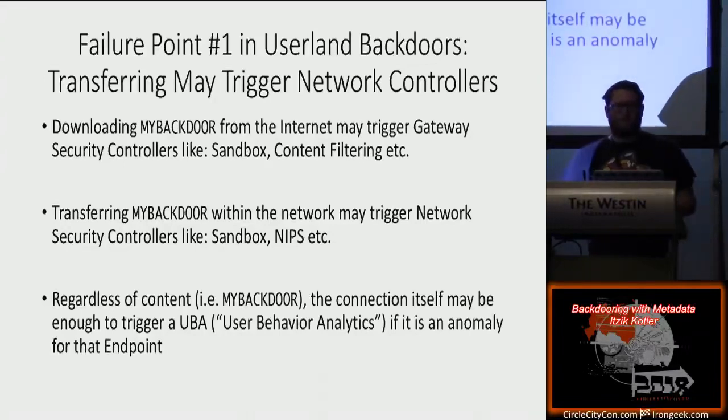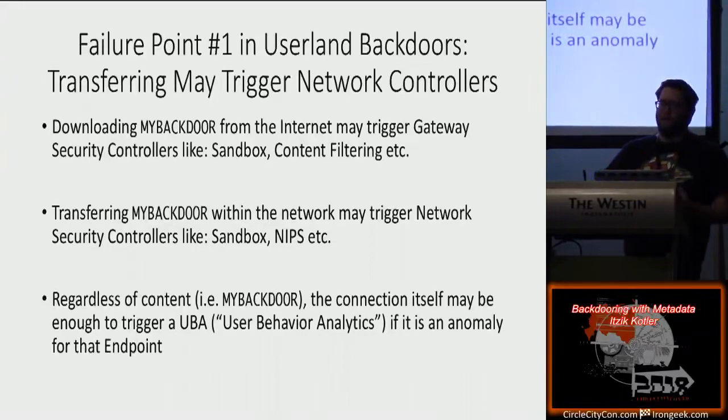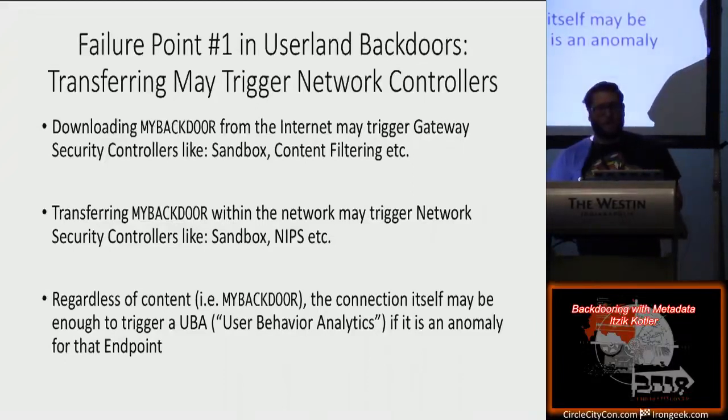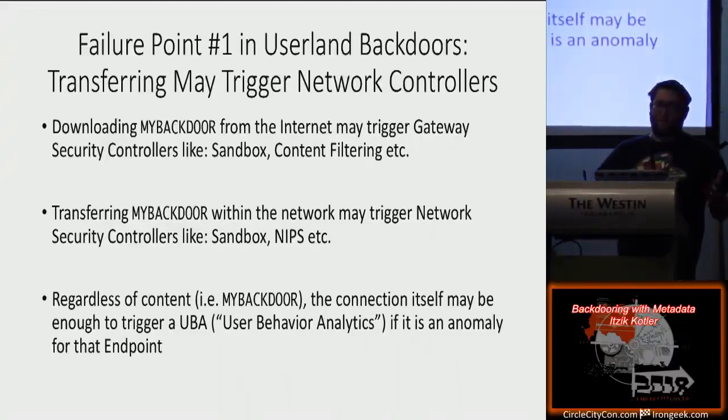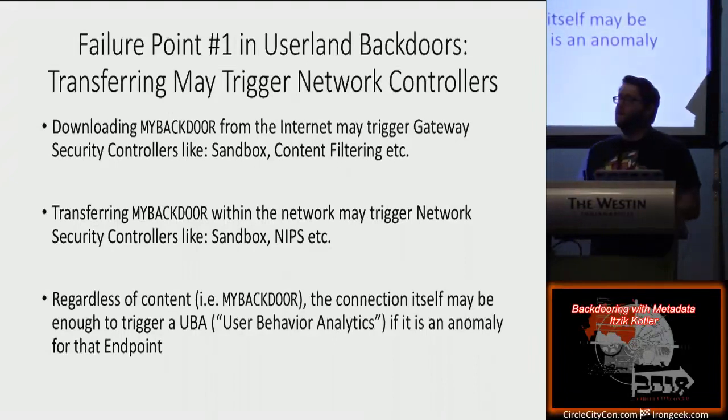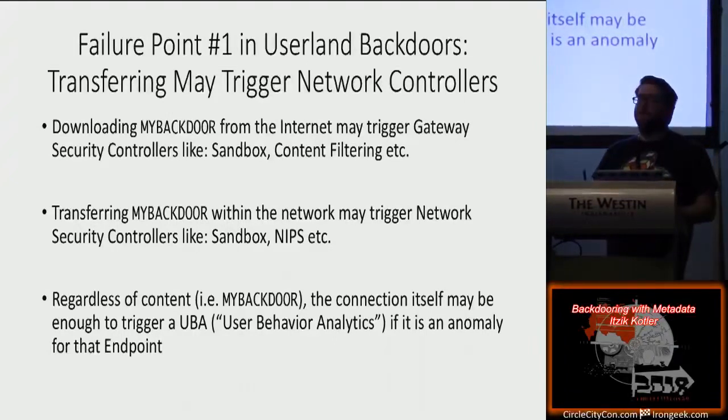So first and foremost, the act of trying to download that particular sample of malware backdoor tool may trigger an array of different network controllers, right? The act of the downloading can go through a gateway of the customer prospect, and then security solutions like sandboxing or content filtering may pick it up.